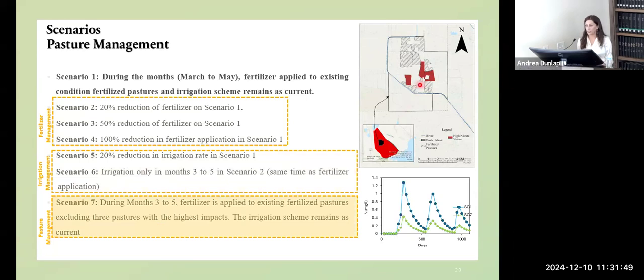Here, the ones in dark reddish color are the pastures that had the highest nitrate impact. Then we stopped fertilization in those pastures to see the impact on the groundwater nitrogen system. We see that the nitrogen reduced substantially in the groundwater.